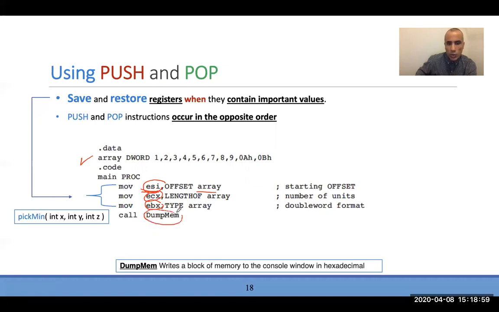And I want to call this function. Remember, when you call this function, are those registers specific purpose or general purpose registers? You guessed it right, they are general purpose. So how do you guarantee that going to this function is not going to change those values? We don't know.